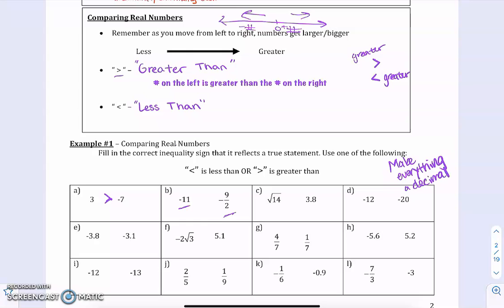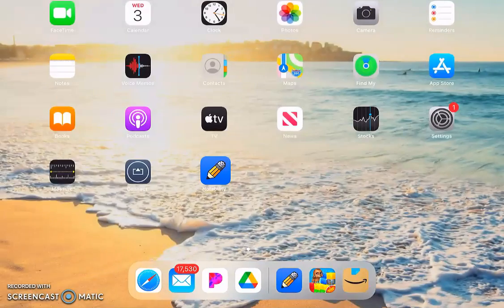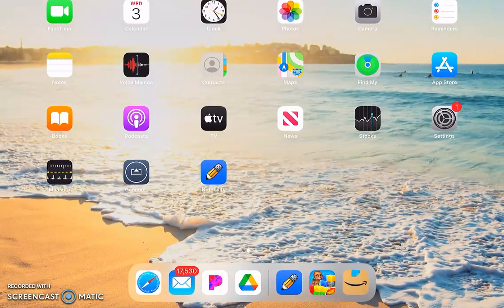So to make it a decimal, how do we make -9/2 a decimal? Well, this fraction bar is really just division. So we're going to take -9 and divide it by 2.